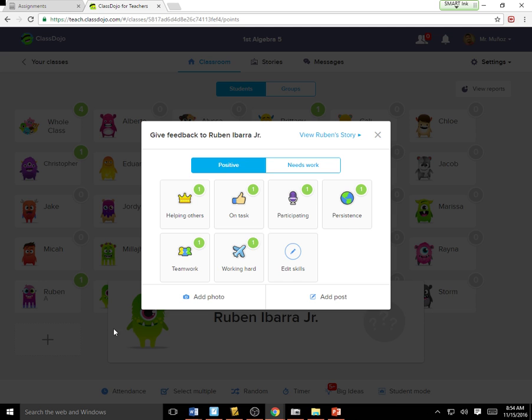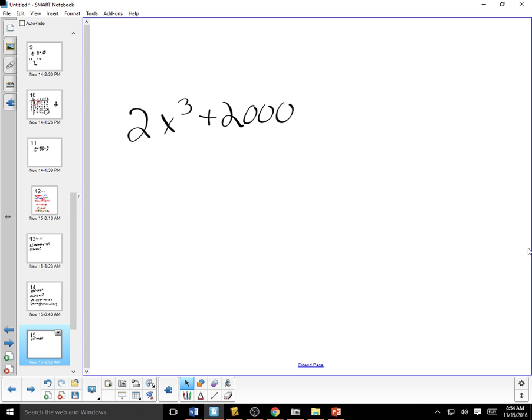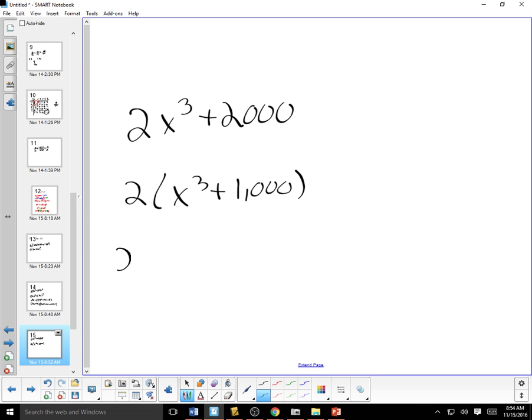You're gonna factor out a 2. That's gonna give you x cubed plus 1,000. So you're gonna get 2 times x plus 10 times x squared minus 10x plus 100.